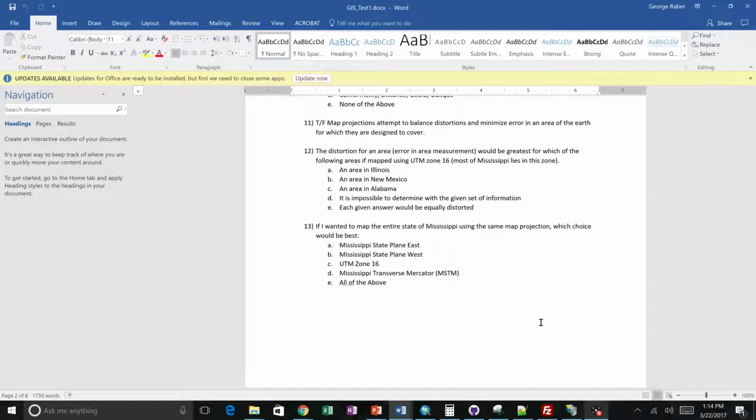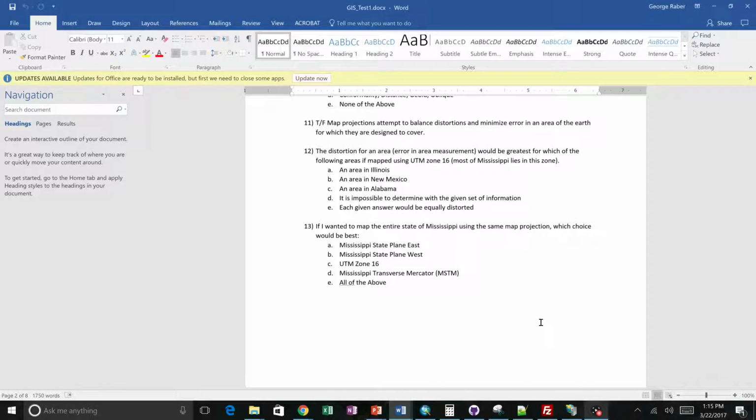Number 12, the distortion for an area would be greatest for which of the following areas if mapped using a UTM zone 16. So this required a little bit of understanding of coordinate systems and how the UTM coordinate system is set up.